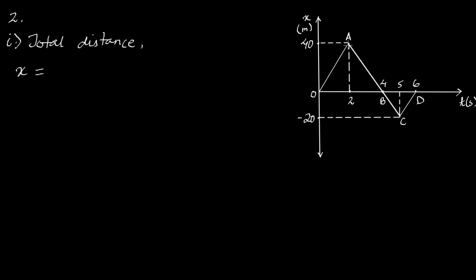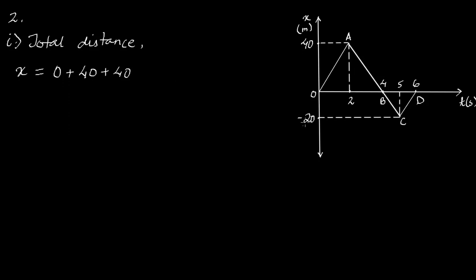At this point, what is the value of X? It's 40, right? So here it'll be 0 plus 40 plus, from here the graph goes back here. So from this point to this point, what will be the value of distance again? From 40 to 0, so again that will be 40. From here till here it is going 20, but we don't take minus 20. Why? Because this is distance, and distance has no direction.